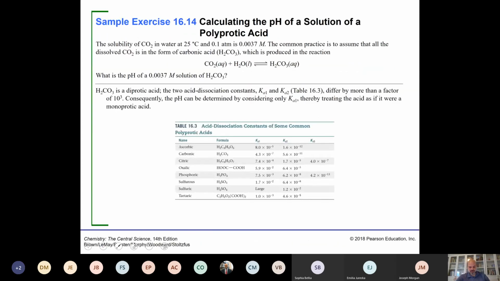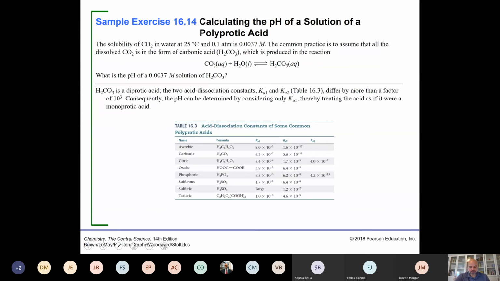All right. The next problem asks for the pH of a 0.028 molar solution of ascorbic acid or vitamin C. And it says see table 16.3 for the Ka1, Ka2.